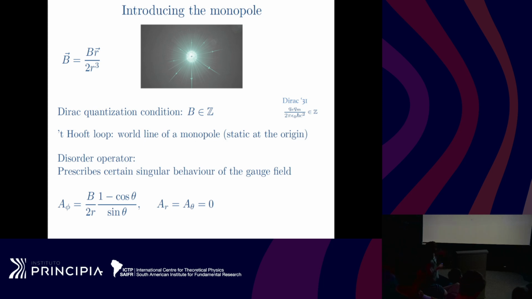You can also define a similar configuration which is singular on the opposite half line, and then the two should be connected by a gauge transformation, and the requirement that this is the case gives you the Dirac quantization condition. Okay, so this is something which was understood a long time ago.